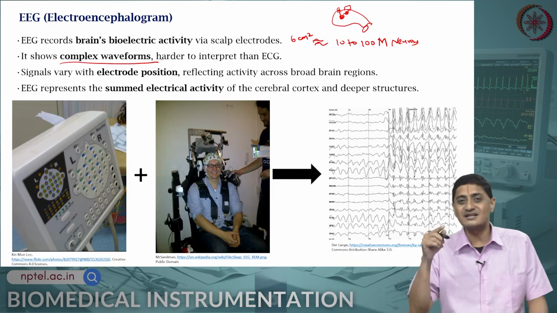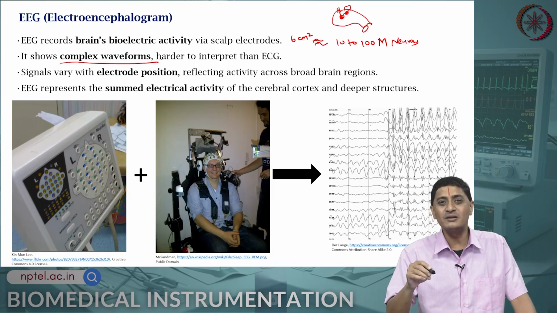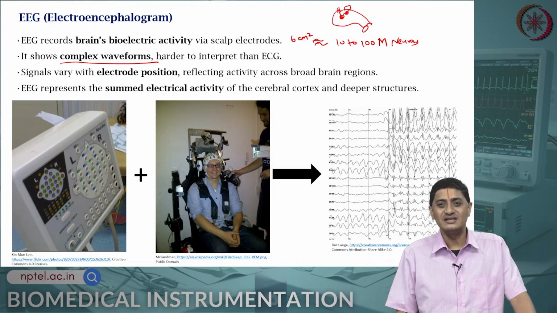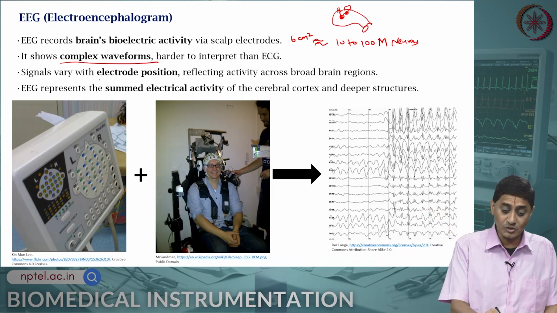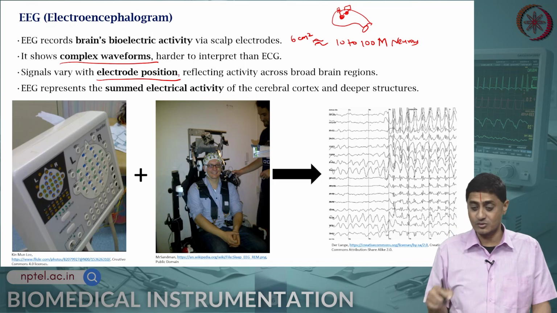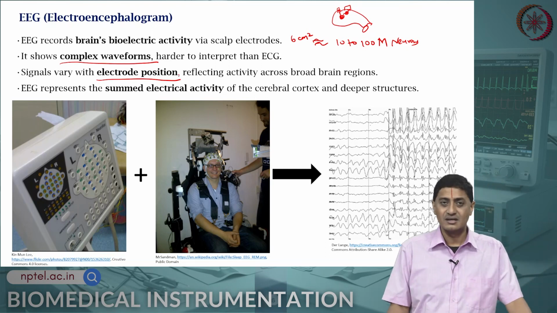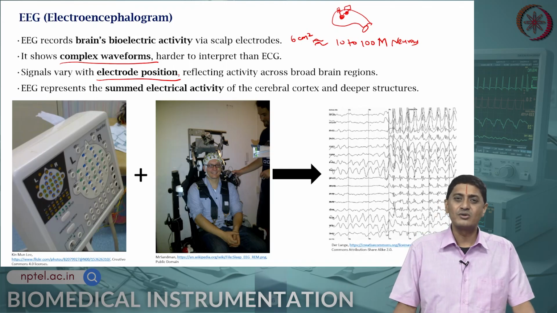Unlike ECG that has a typical PQRST template, EEG looks more like noise. So, it is a complex waveform that varies with the electrode position; where you are keeping the electrode matters, depending on the broad regions of the brain.